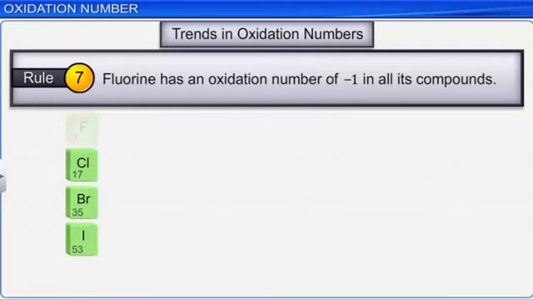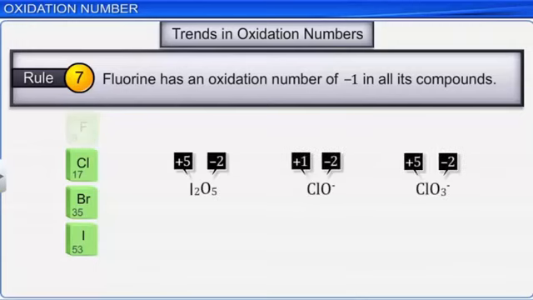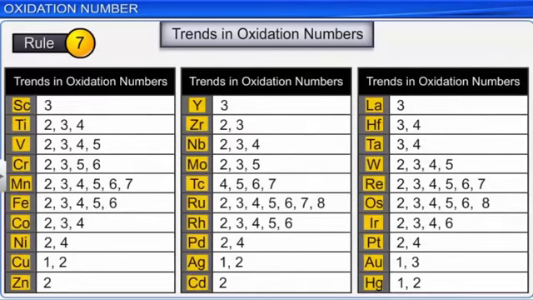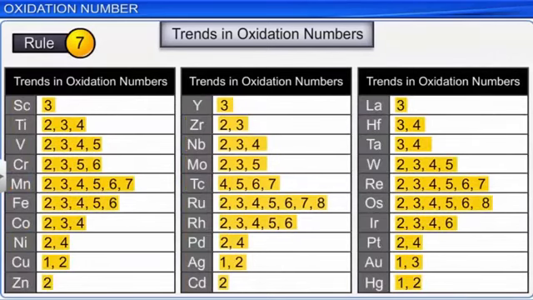But when they combine with oxygen to form oxoacids and oxoanions, they have positive oxidation numbers. The atoms of transition or d block elements exhibit several oxidation numbers. The table shown here depicts the variable oxidation states exhibited by the transition elements.